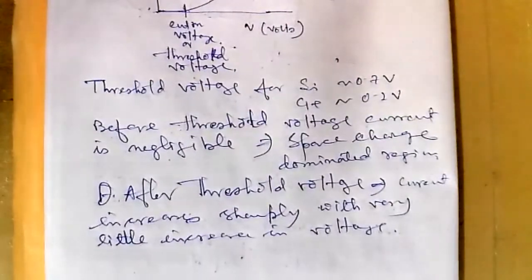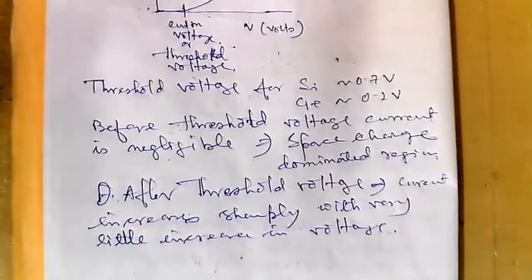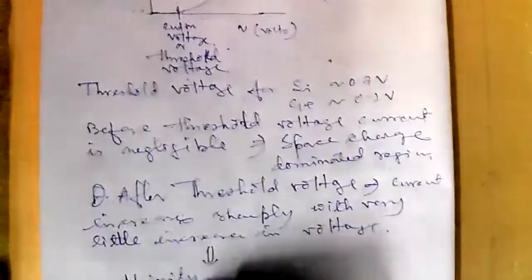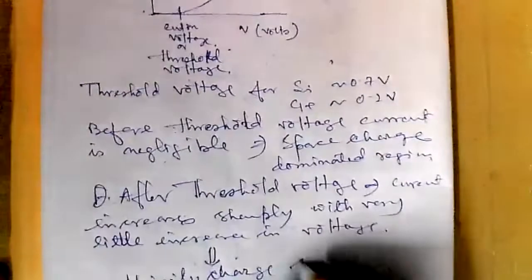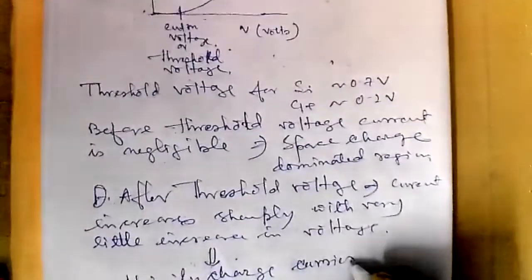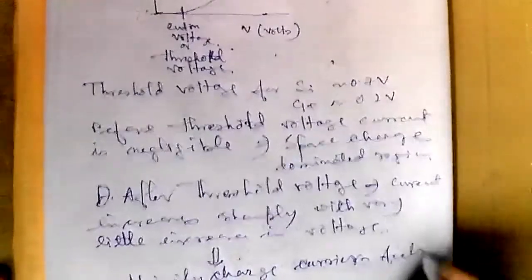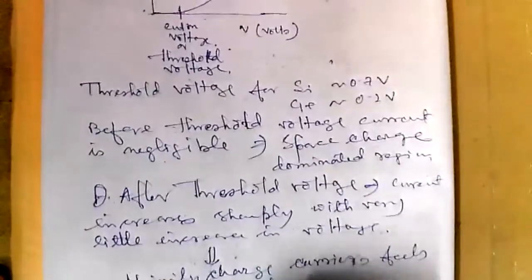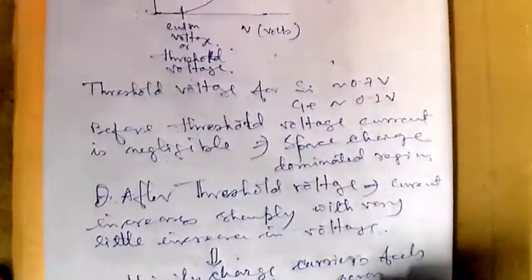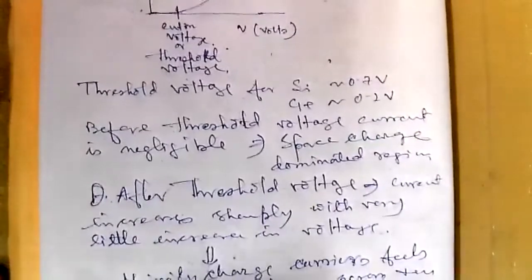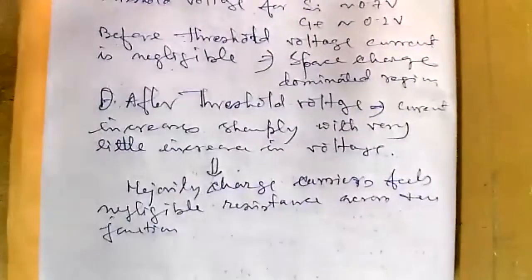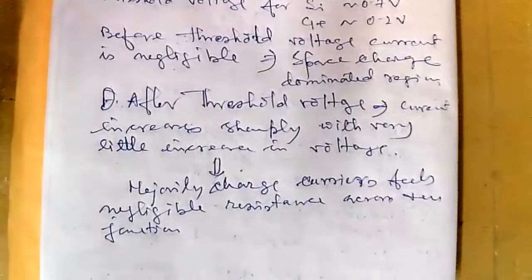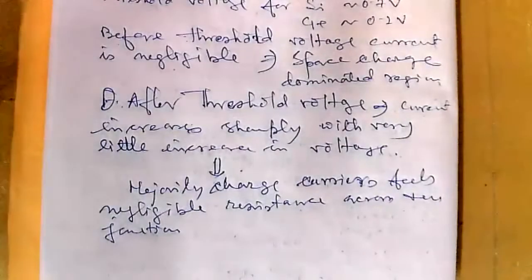Here the majority charge carriers feel negligible resistance across the junction. The width of the depletion layer becomes zero. There will be no depletion region when the current starts flowing largely. Okay.